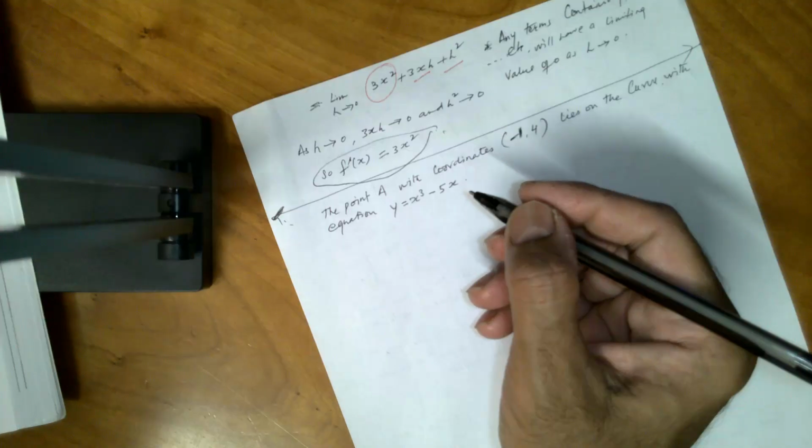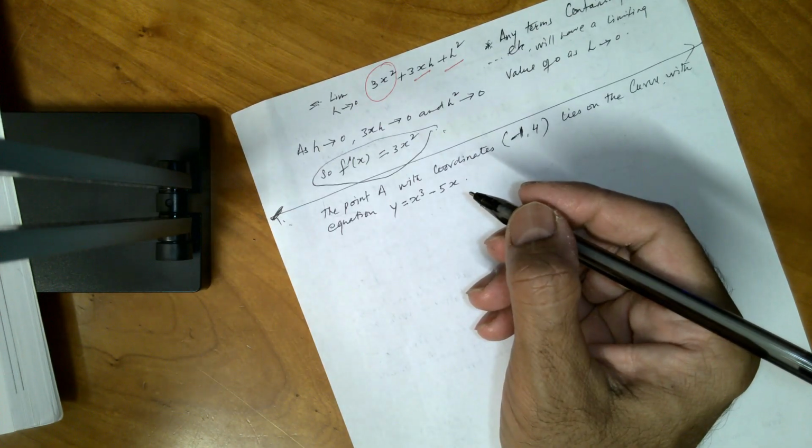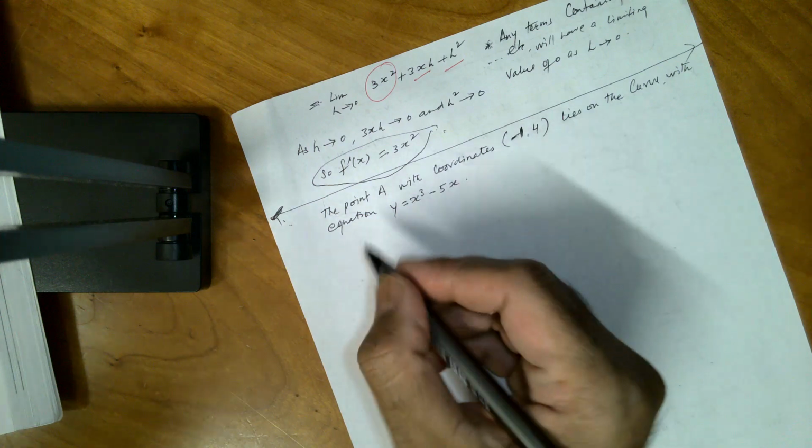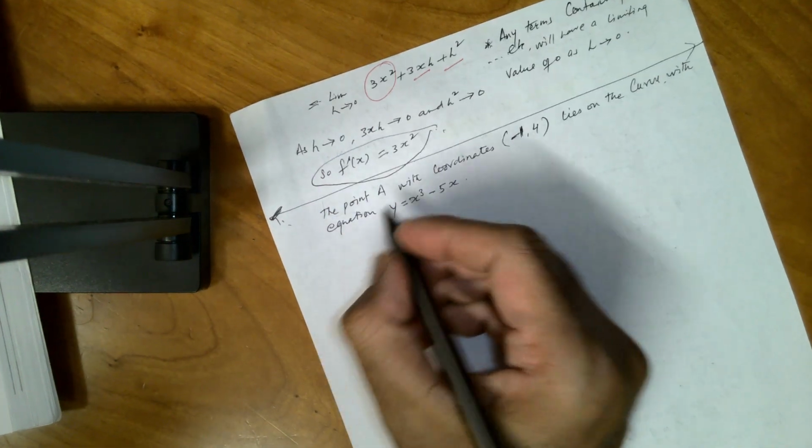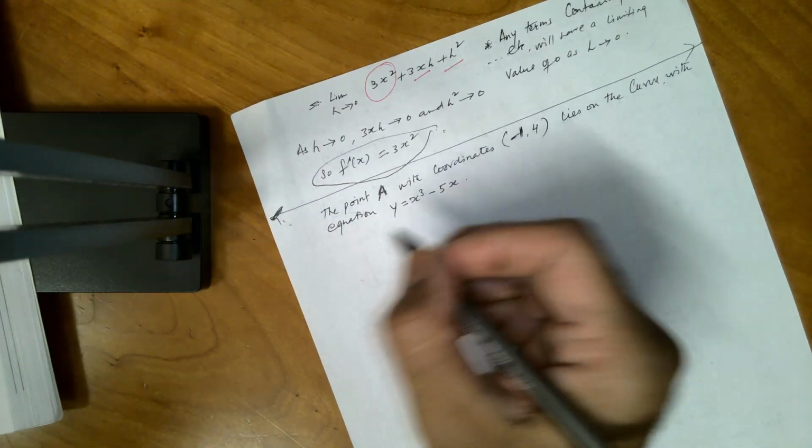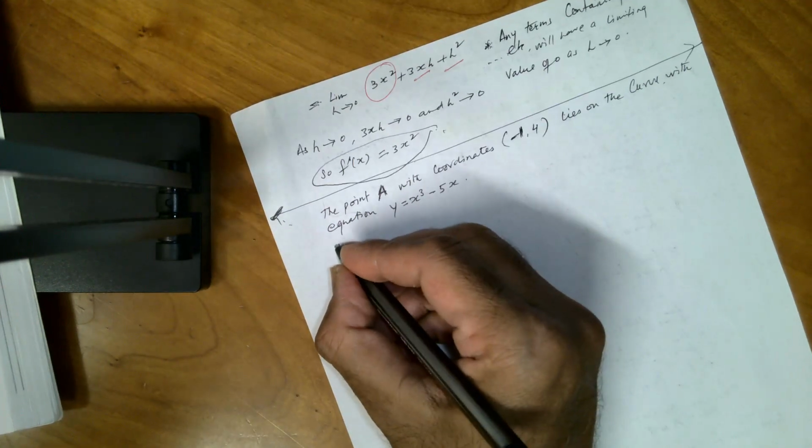Then the point B also lies on the curve. So this is your A, then you also have the point B.